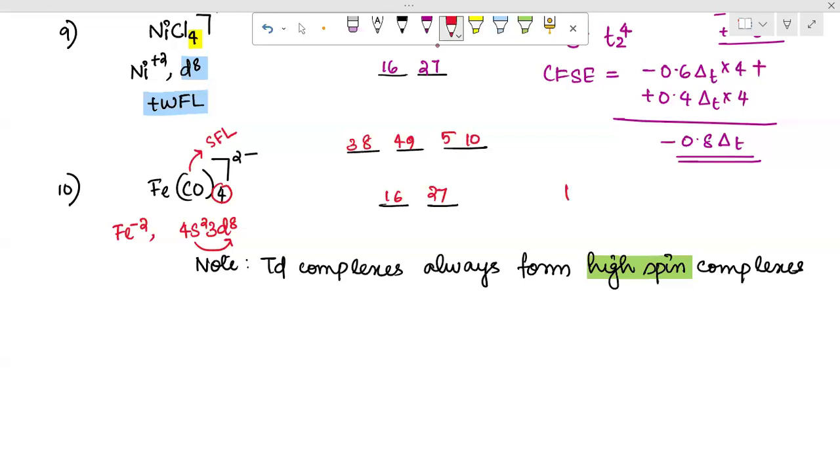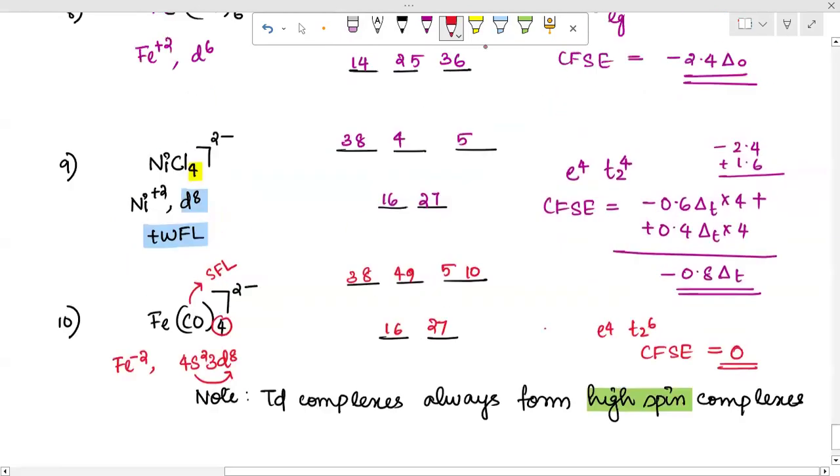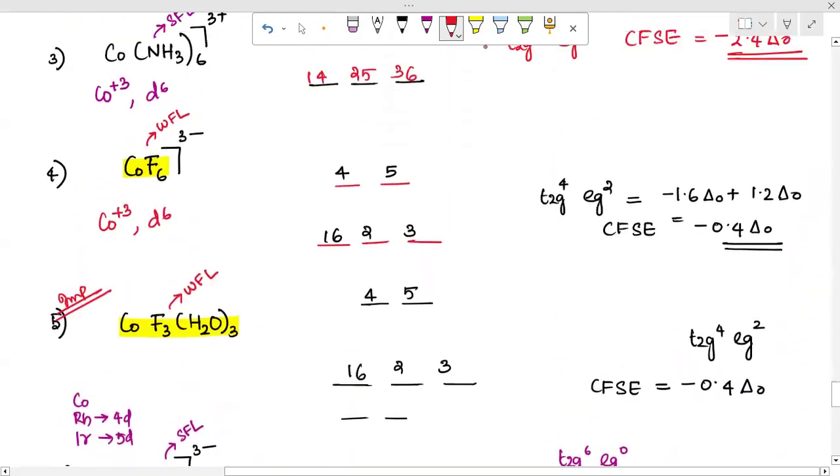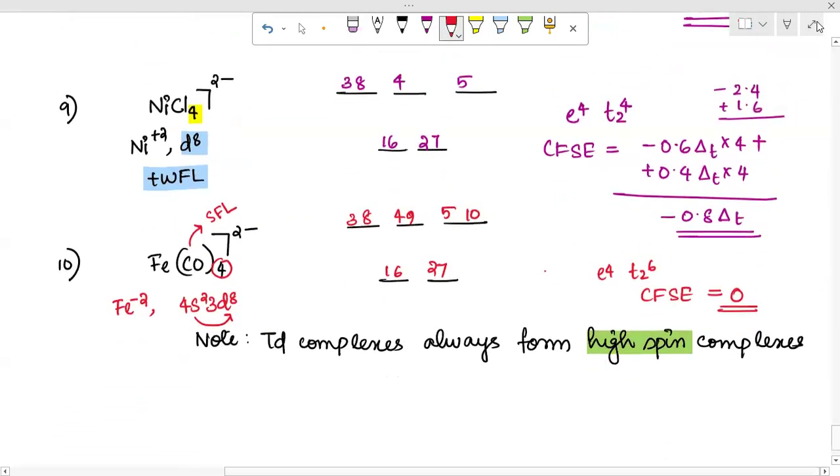So the configuration is E4, T2 6, total CFSE if you calculate, it would be equal to 0. Okay, so this is how you actually find the crystal field stabilization energy.